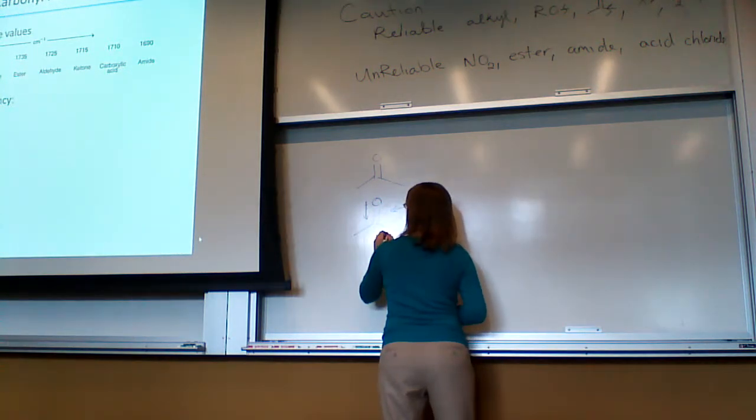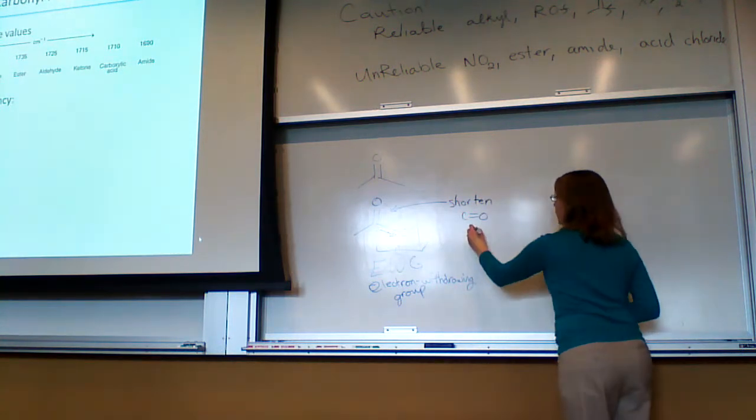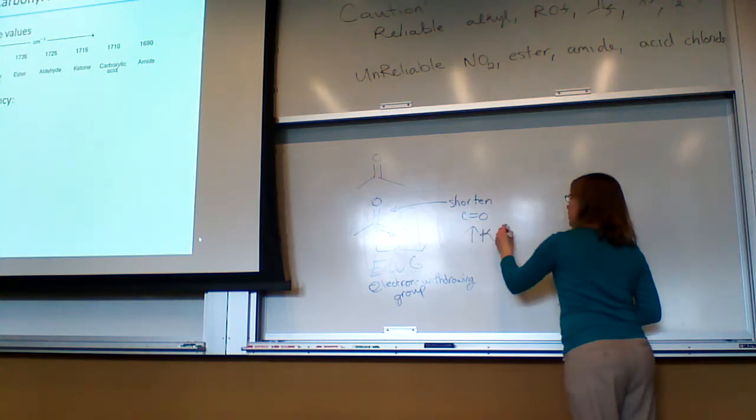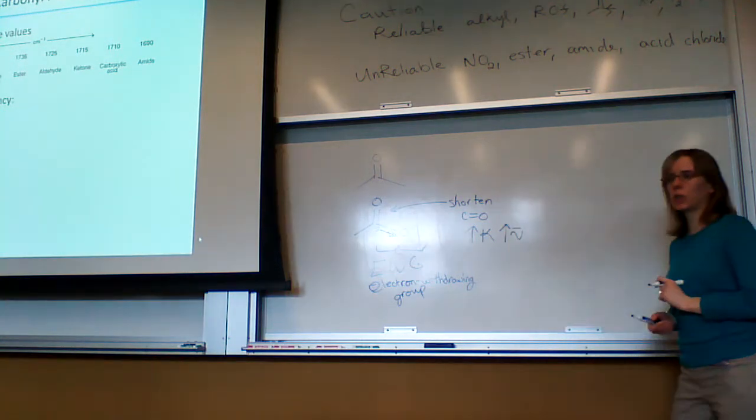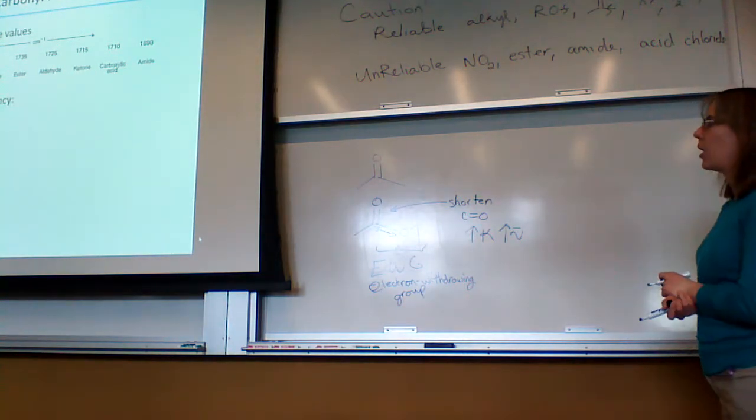So we're pulling that electron density away from it, and that's going to shorten the C double bond O, which is going to increase your force constant and increase your wave numbers. So electron withdrawing groups directly attached to the carbonyl are going to raise it.